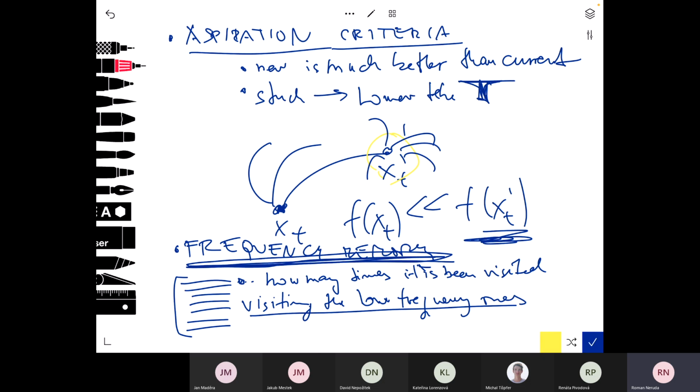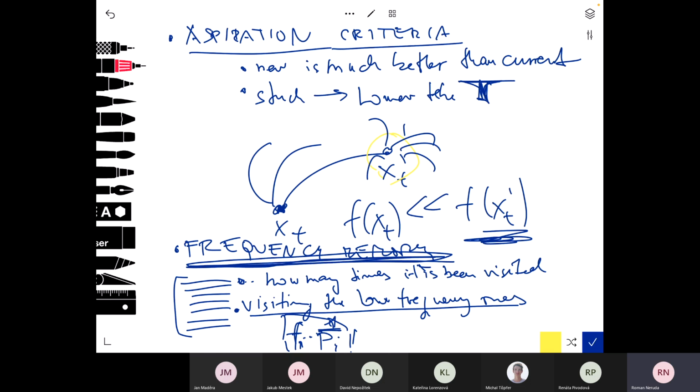So we are visiting the low frequency ones, which usually means that you have the fitness, and then you also have the frequency memory, such as pi, and so you're somehow multiplying this by something like 1 over pi, or some other operation. So you're biasing the fitness by the frequency in order to support the low frequency ones, right? That's one possibility how to do it.